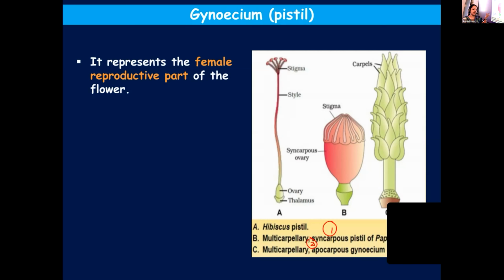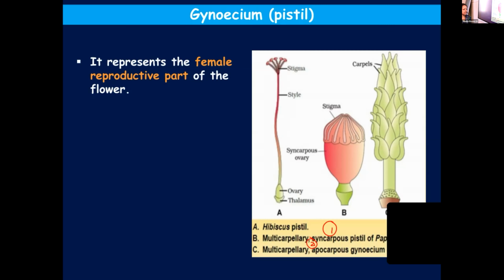White color and yellow color also you have seen. Are you familiar, children? Champakam with a very good fragrance. Okay. So the example for syncarpous pistil is Papaver, and the example for apocarpous gynoecium or pistil is Michelia champaca or simply Michelia.